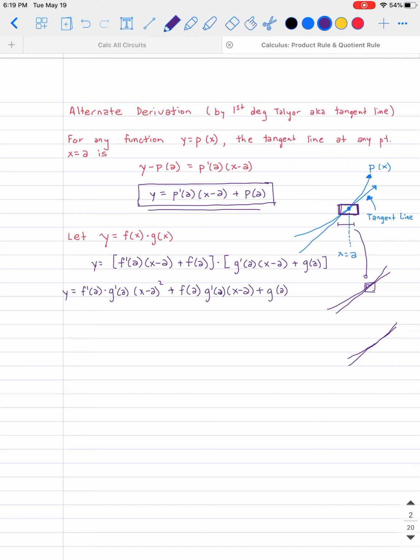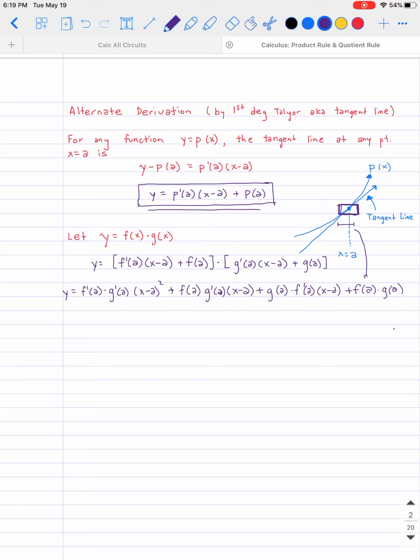Then we also have g of a multiplied by f prime of a multiplied by x minus a. It looks like I'm running out of space, so let me erase some of this. There's one more piece to that FOIL, and it's plus f of a times g of a.